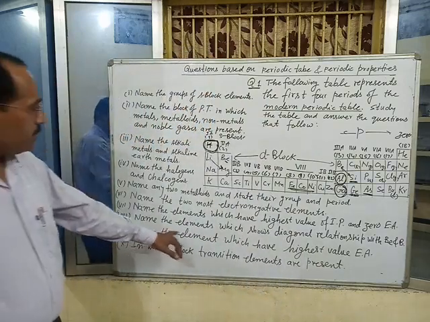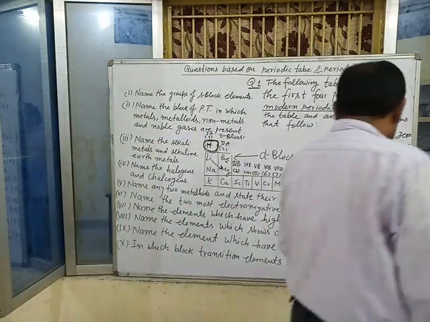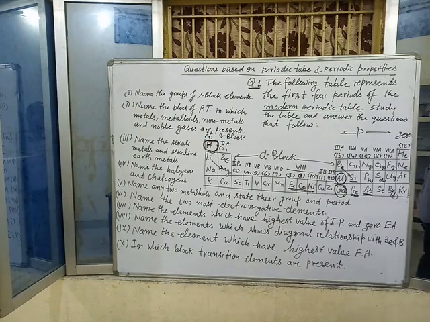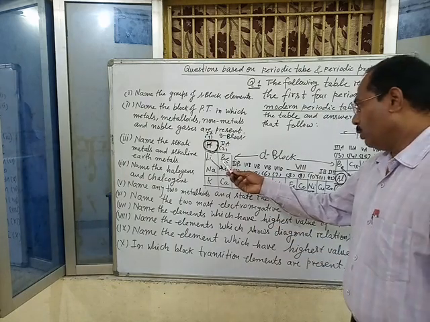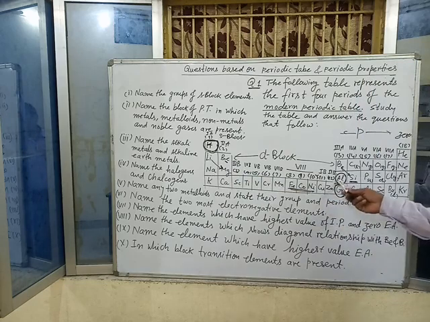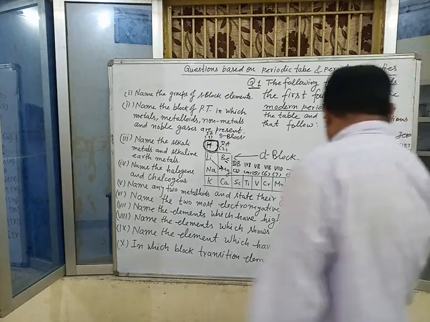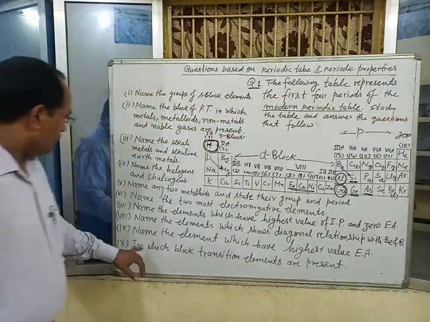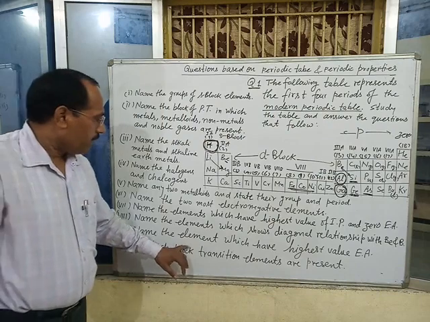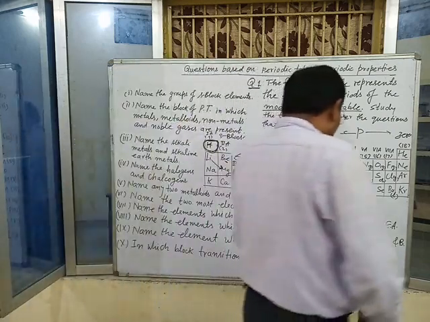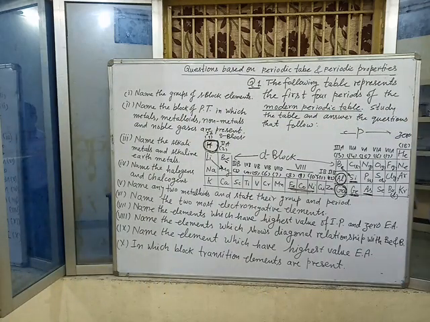Name the elements which show diagonal relationship with beryllium and boron. Beryllium shows diagonal relationship with aluminum, and boron shows diagonal relationship with silicon. This is your answer. Next question is, name the element which has the highest value of electron affinity. This is chlorine. Chlorine has the highest value of electron affinity.